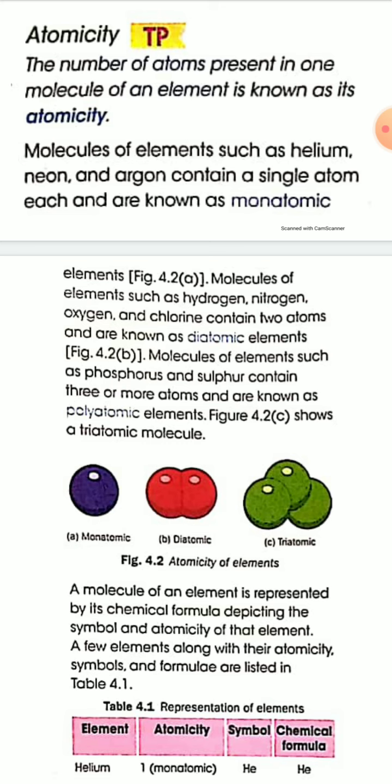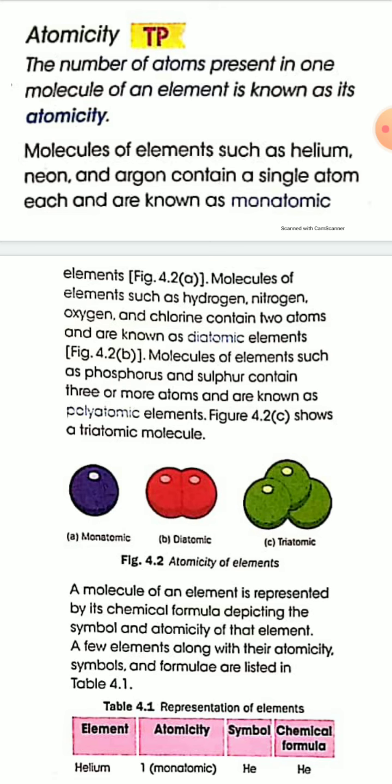Atomicity is the number of atoms present in one molecule of an element. Molecules of elements such as helium, neon, argon, that is noble gases, contain a single atom each, and therefore they are known as monoatomic elements.